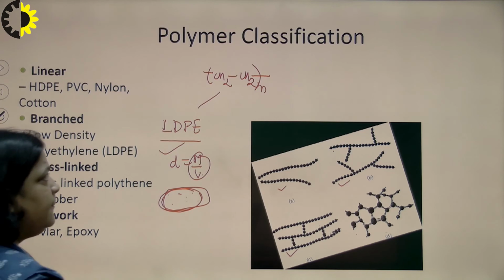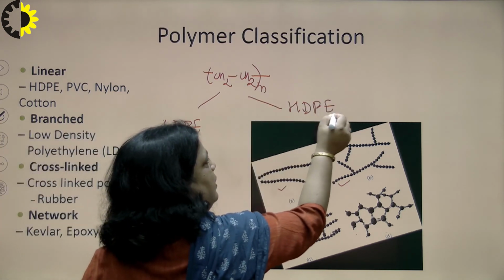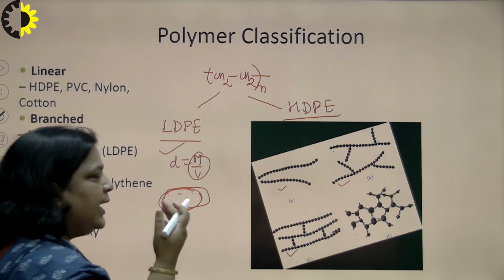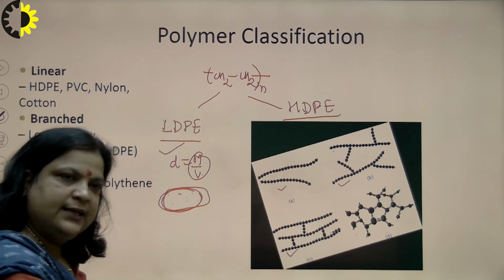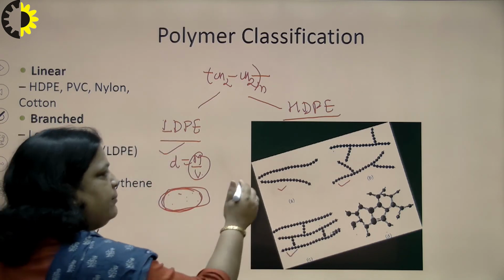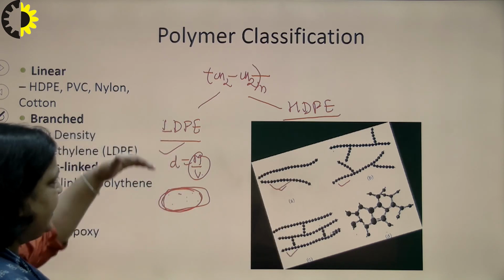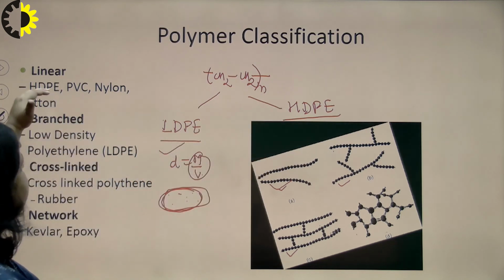But if we see HDPE, that is high density polythene, immediately think high density means pressed clothes, or the packing is efficient, and efficient packing means a linear structure. So, LDPE has a branched structure, while HDPE has a linear structure.